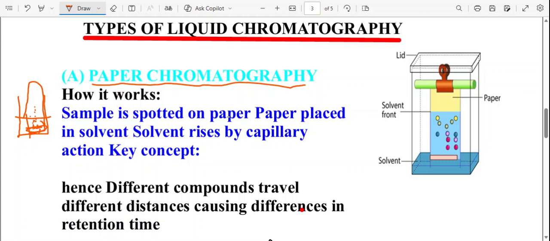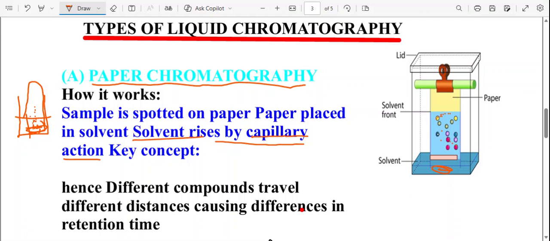This is how it works. The sample is spotted on a paper. When the paper is placed in a solvent, it makes the solvent, the mobile phase, move by capillary action. Capillary action is the movement of particles through a thin hole. Once you dip this paper, the particles in this solvent will start moving by capillary action, and they will display themselves.